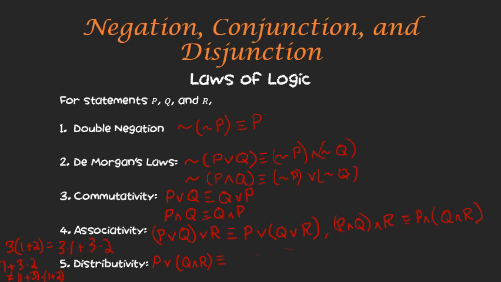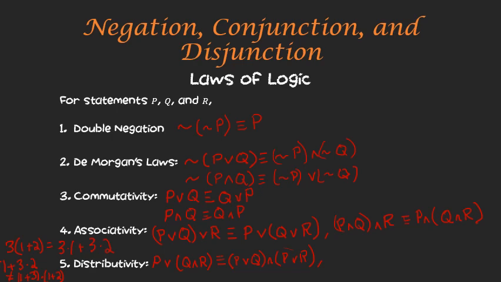In this case, it works a lot like multiplication distributing over addition: P or Q and P or R. So in this case, disjunction distributes over conjunction.